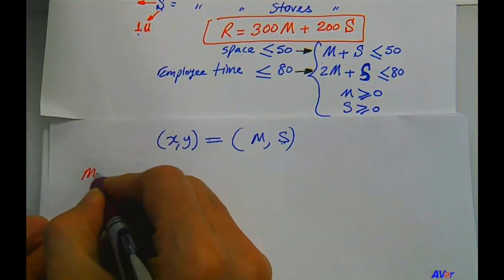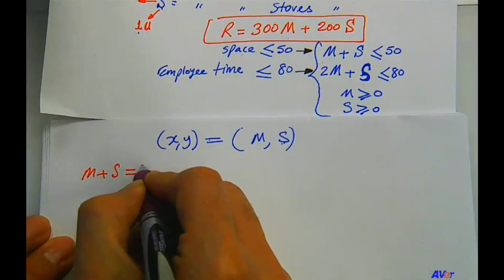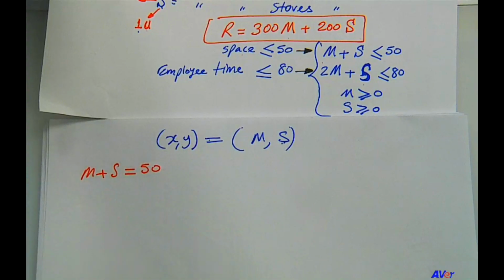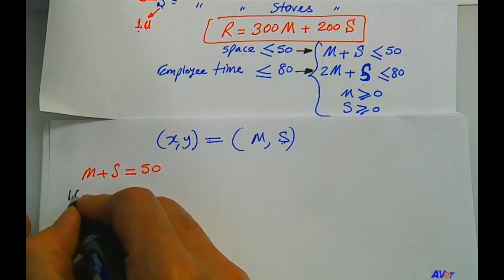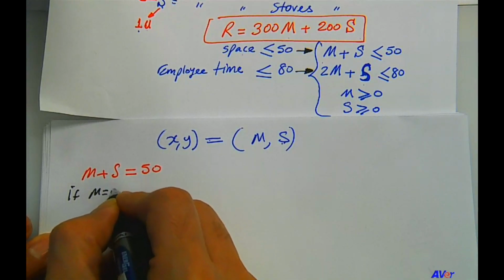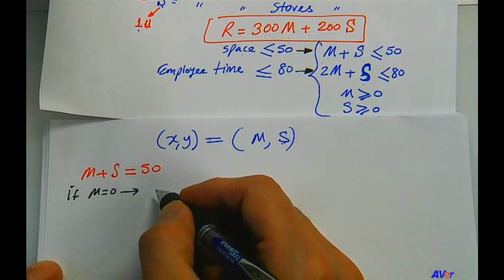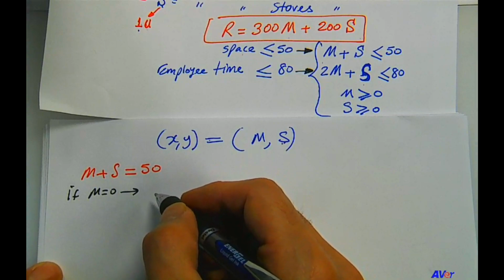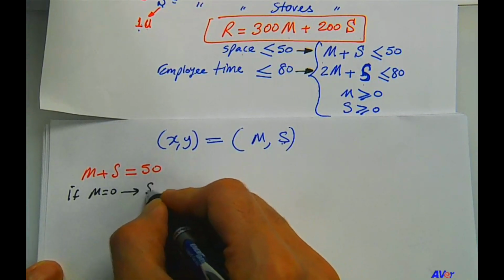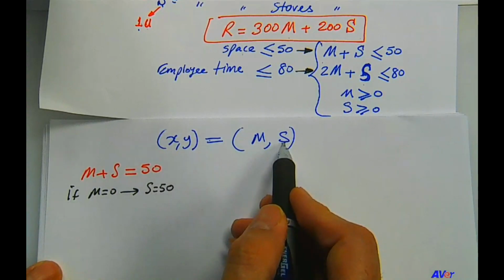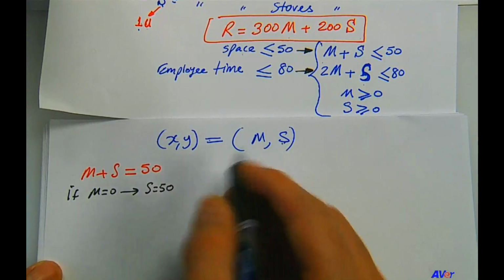So we have m plus s equals 50, because we're finding the boundary line first. If m equals 0, I'm finding the intercepts as before, like in the video lesson for section 4.2, then s equals 50, and we decided that s is represented along the y-axis.